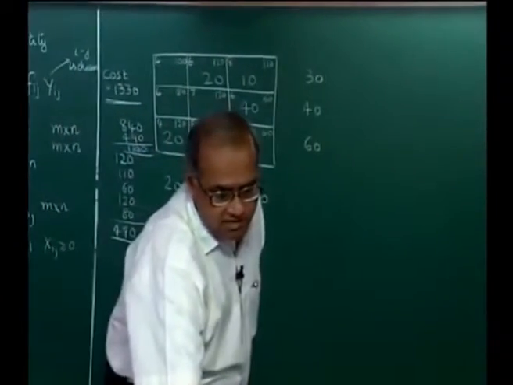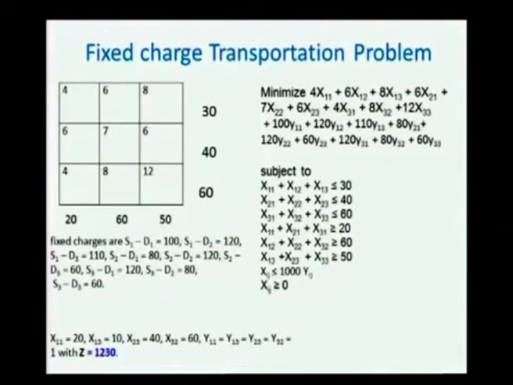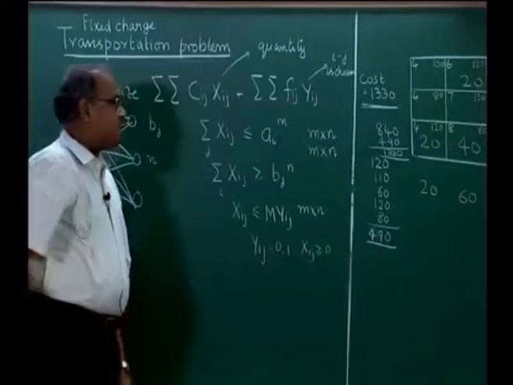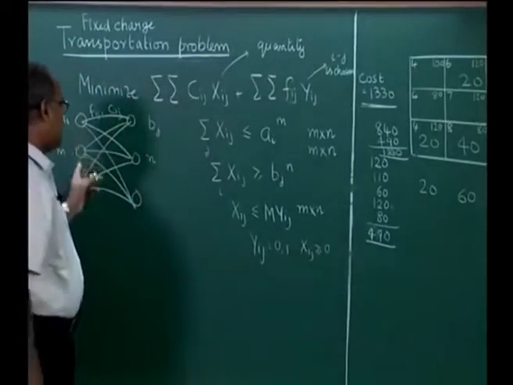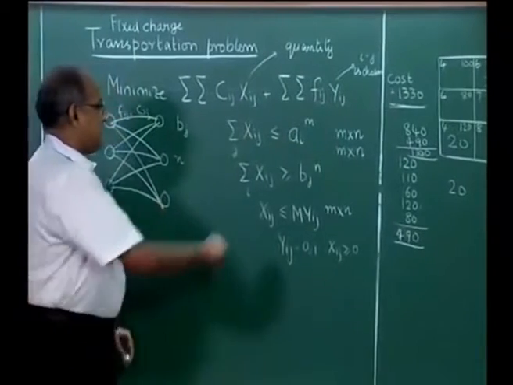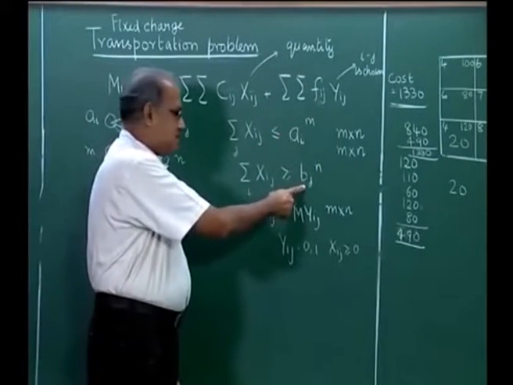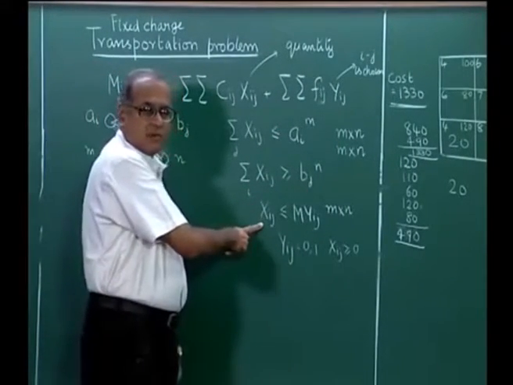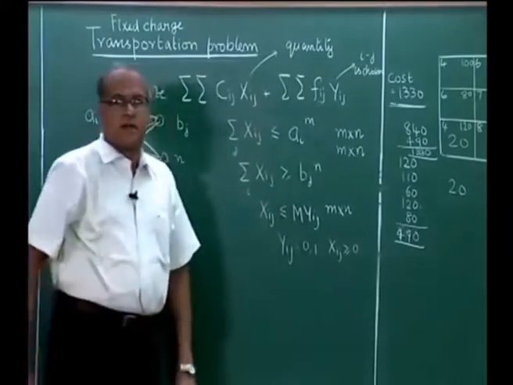But if we solve this formulation of the fixed charge transportation problem, the formulation that we have written here, for this example as I said there will be 9 plus 9, 18 variables, and 3 plus 3, 6 constraints plus another 18 constraints. So 24 constraints and 18 variables.